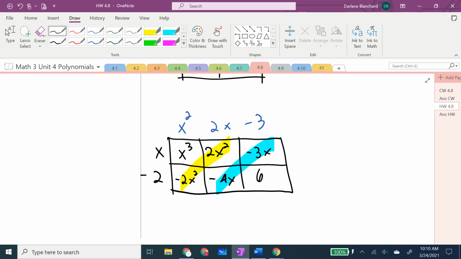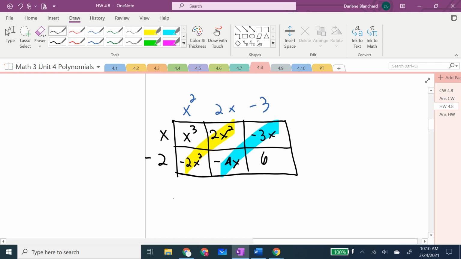And now I can see that when I multiply all this together, I'm getting my leading term x cubed. When I add my 2x squared and my negative 2x squared, I get 0x squared. Very nice. Then when I add my x's together, I get negative 7x. And finally, the lone constant plus 6.